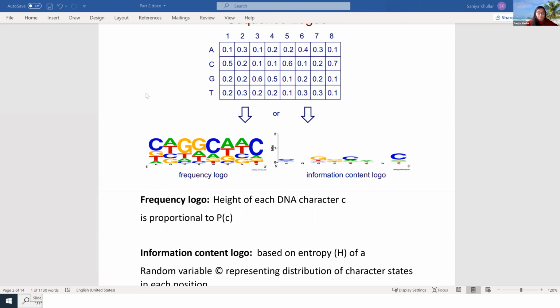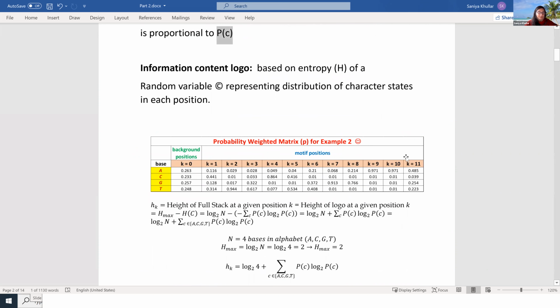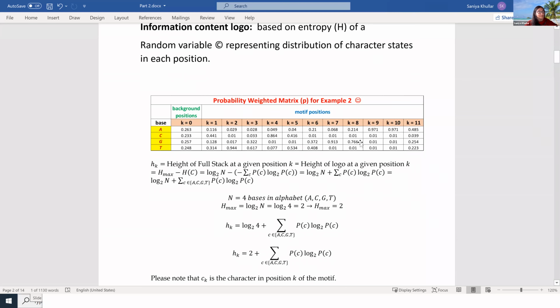Okay, so now we have the same probability weighted matrix for this example that we've gotten using expectation maximization, or some algorithm that has given us a probability weighted matrix. This is our background, a non-motif, and these are the motif positions. So we have 11 spots in a motif.